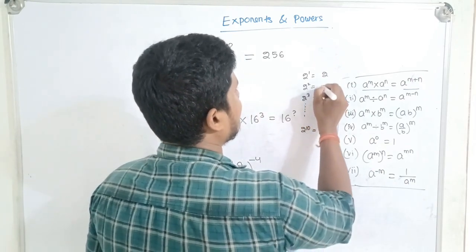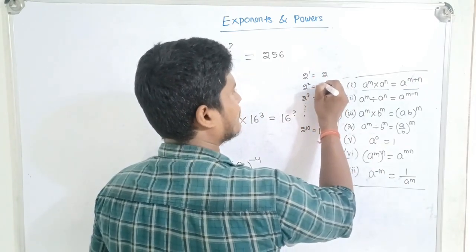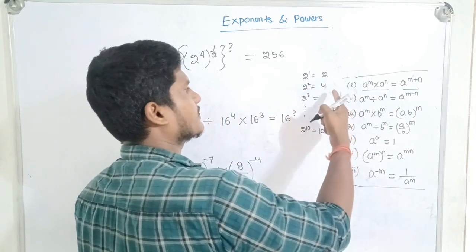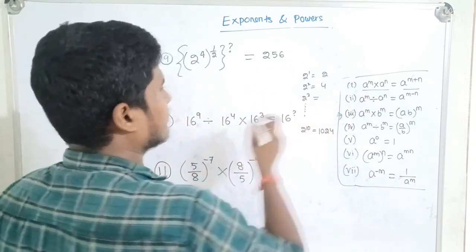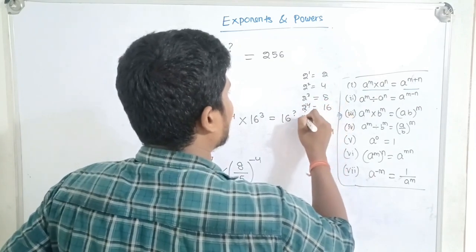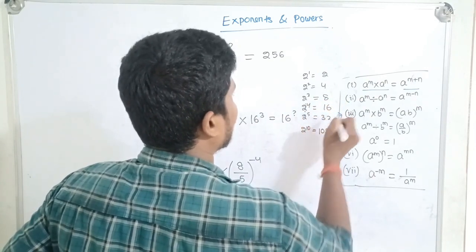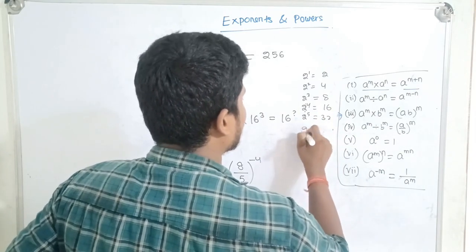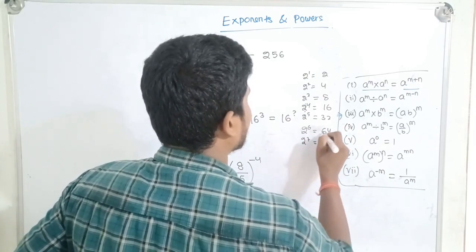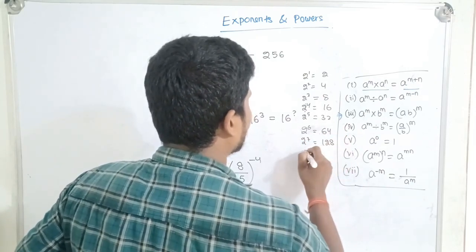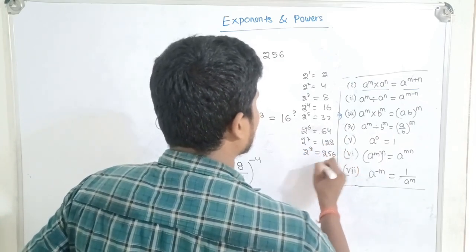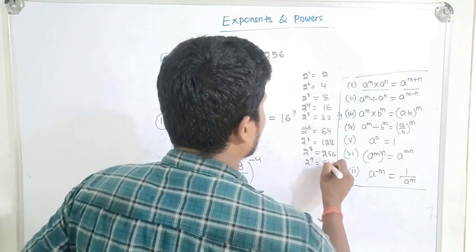What is 2 to the power 3? 2 to the power 1 is equal to 2. 2 to the power 2 is equal to 4. 2 to the power 3: the next term, multiply 4 by 2, that is 8. 2 to the power 4 is 16. 2 to the power 5 is 32. 2 to the power 6 is 32 times 2, that is 64. 2 to the power 7 is 64 times 2, that is 128. 2 to the power 8 is 256. 2 to the power 9 is 512.